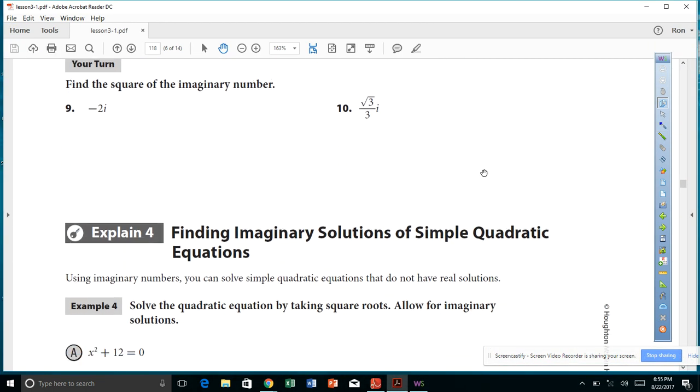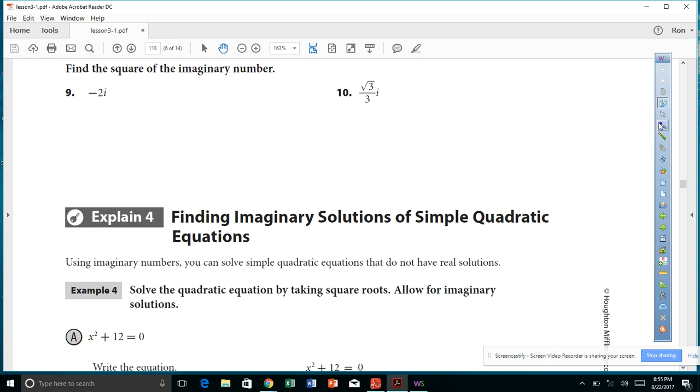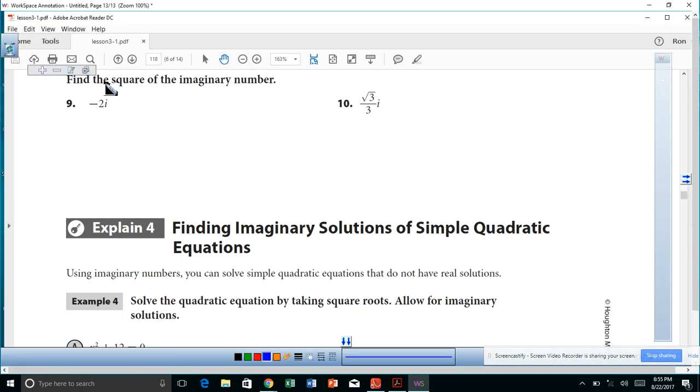Your turn. Find the square of the imaginary number. Number 9. So we're going to have negative 2i squared, and that's going to equal negative 2 squared times i squared. Well, negative 2 squared is 4, times i squared is negative 1, so that equals negative 4. The square root of 3 over 3i.